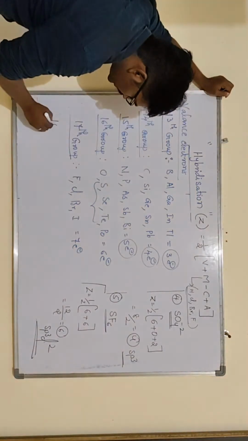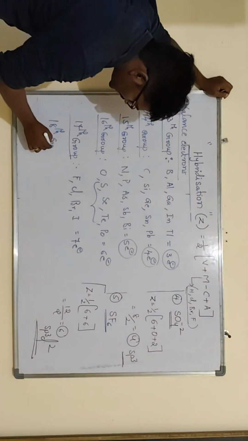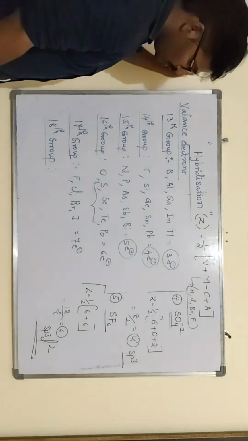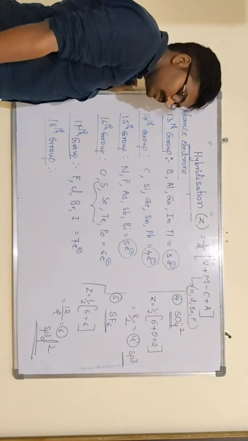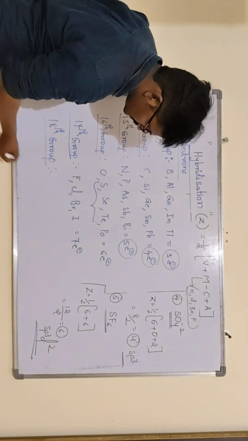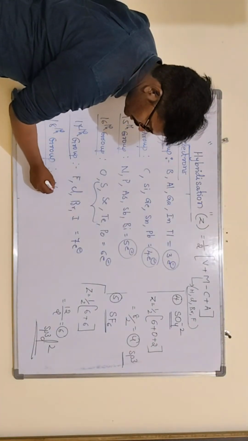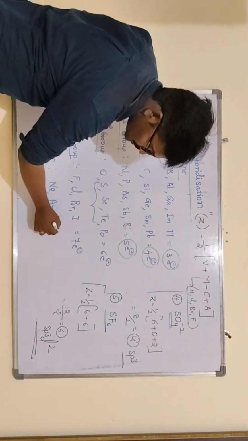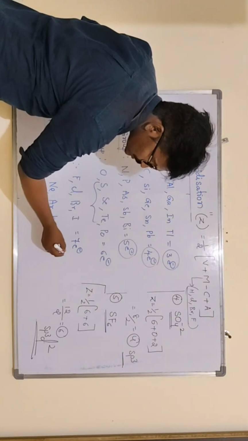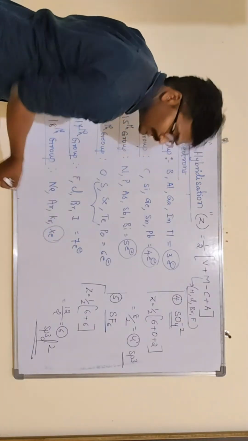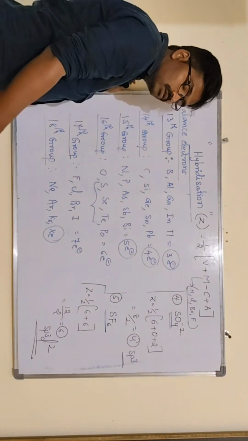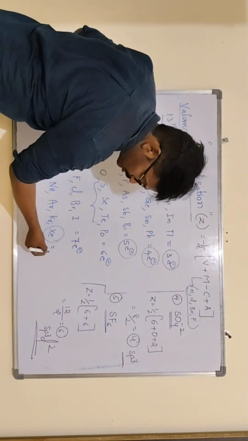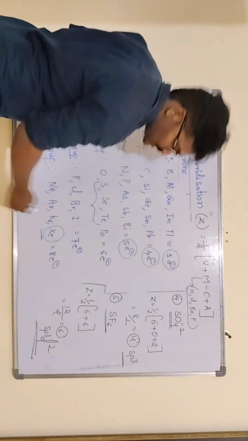Then 18th group elements we call noble gases, inert gases: neon, argon, krypton, xenon, and radon, but only xenon is found in some molecules. For these, 8 valence electrons are present, which you have to remember.